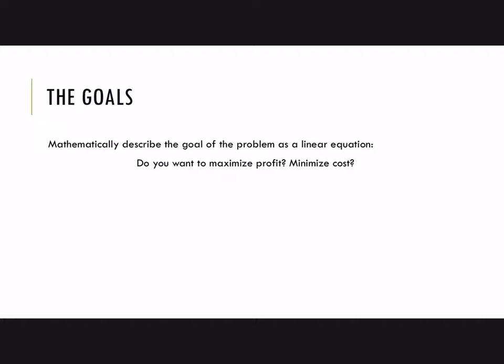The goals in one of these types of problems are to mathematically describe the goal of the problem as a linear equation. If the goal is to maximize profit, then we might write an equation that represents profit. You've seen examples of this before. Maybe we're talking about ticket sales for an event, and we have $10 student tickets plus $15 regular admission non-student tickets.